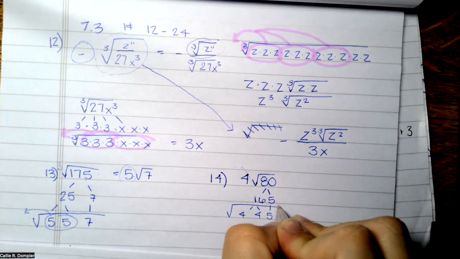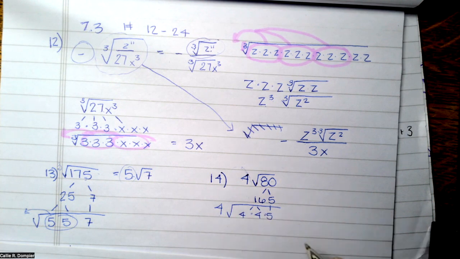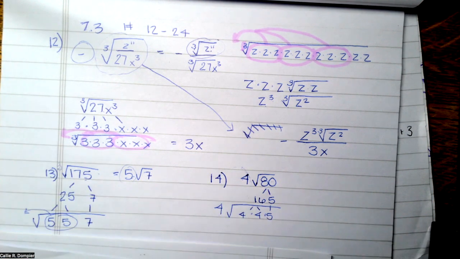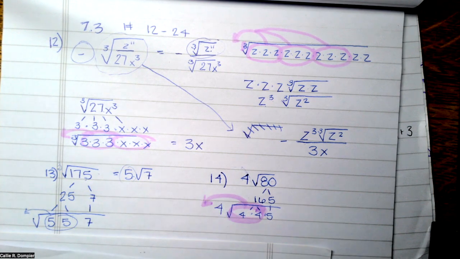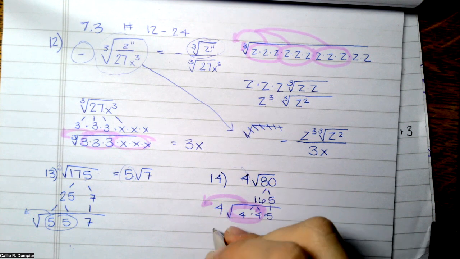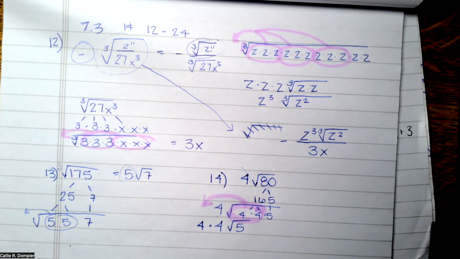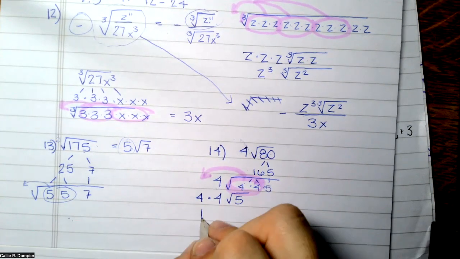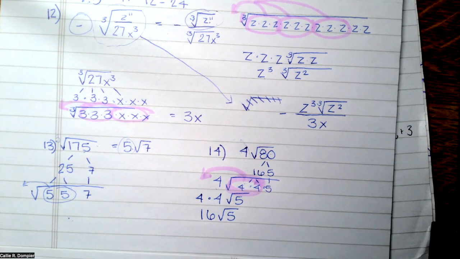So now I have 4 times the square root of 4 times 4 times 5, because for the square root I only need 2. So these two 4s come out. And now we have this 4 times this 4 that I pulled out times the square root of 5. The 4 times 4 obviously become a 16 square root 5. So that's for number 14.